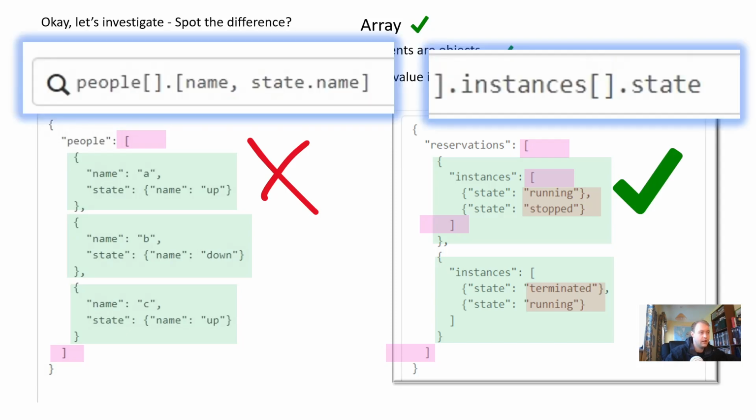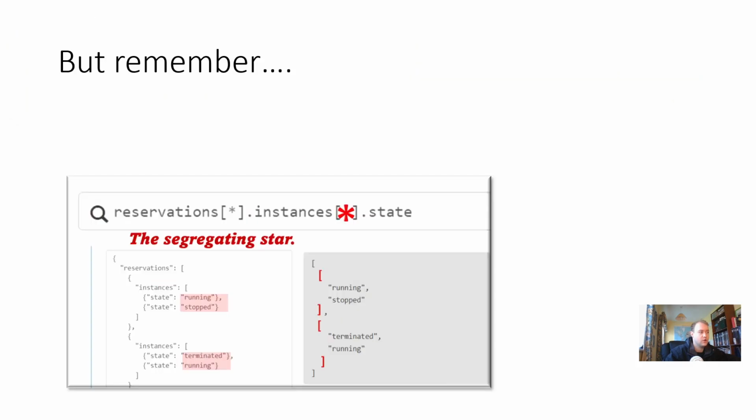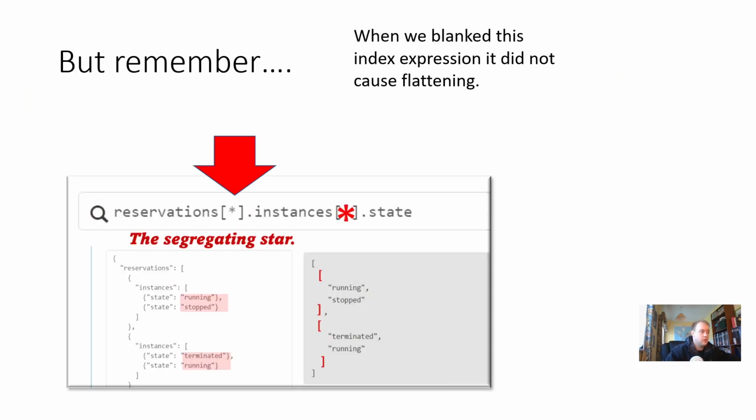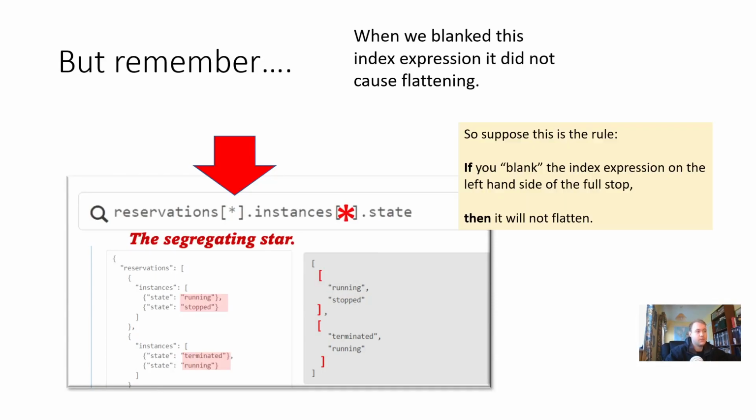And that's why we're able to talk about having square brackets there. Also remember that with that reservations.instances.state, blanking the left-hand brackets didn't cause flattening of the list. Now, we might say the rule is therefore: if you blank the index expression on the left-hand side of the full stop, then it will not flatten. I mean, that's just stating what happened.